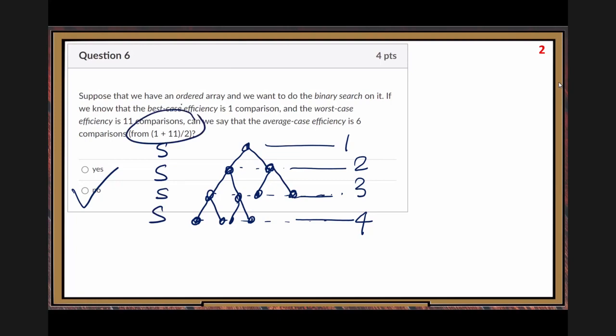But here, different levels have different numbers of comparisons. Then you cannot use two numbers adding together divided by 2. You have to do the weighted average.